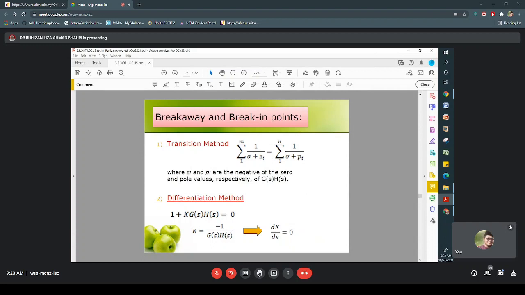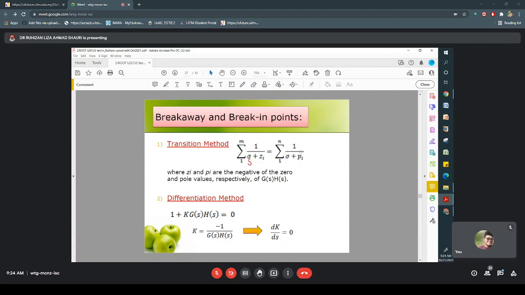If you have, for instance, two zeros, Z1 and Z2, the sigma there you can just replace with S. So it will be 1 over S plus Z1, plus 1 over S plus Z2, because this is a sum of fractions.